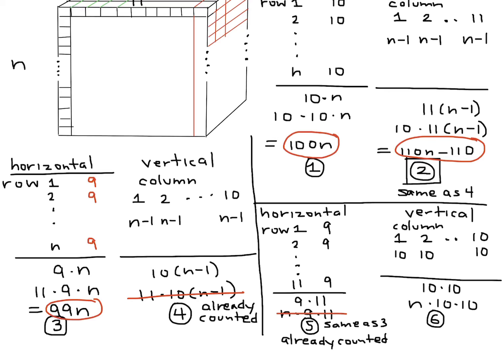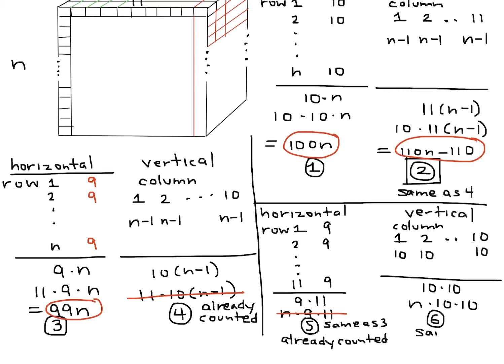And 6 is not already counted, or is it? It's a good question. Okay, I know the answer. Again, mathematically and conceptually, you should be able to see that 6 is the exact same as 1.